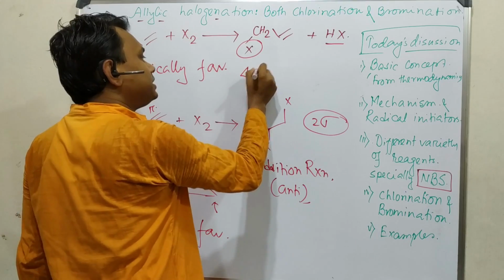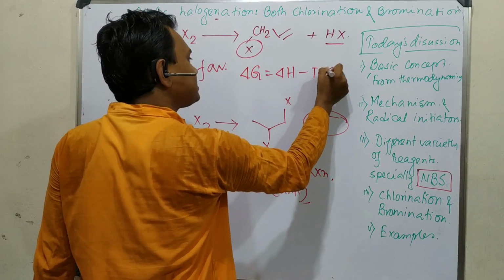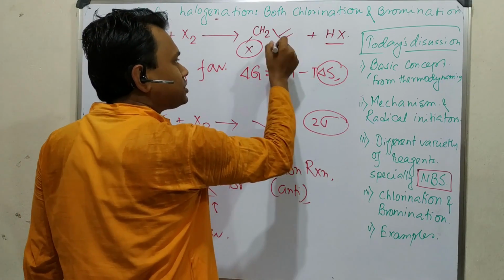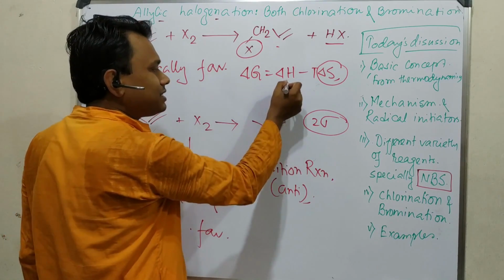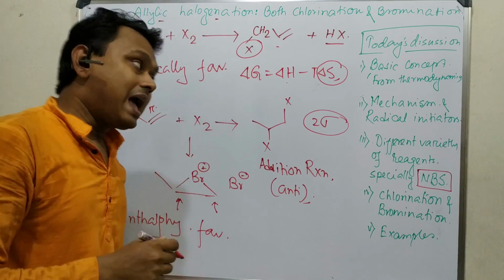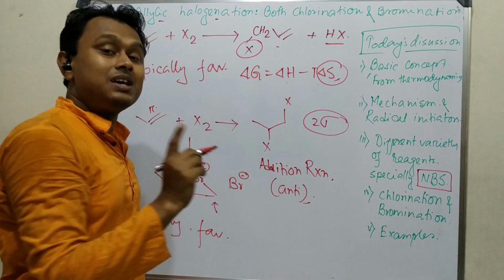So if we consider the Gibbs free energy equation, delta G equals delta H minus T delta S, you can see here the substitution is entropically favored, but addition is entropically unfavored and enthalpically favored. That is the main difference between these two, and this is the background idea of how to carry out this reaction selectively.